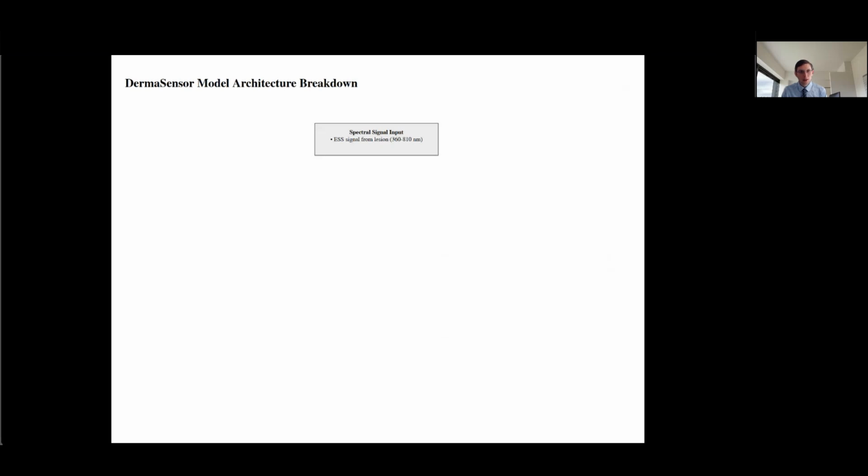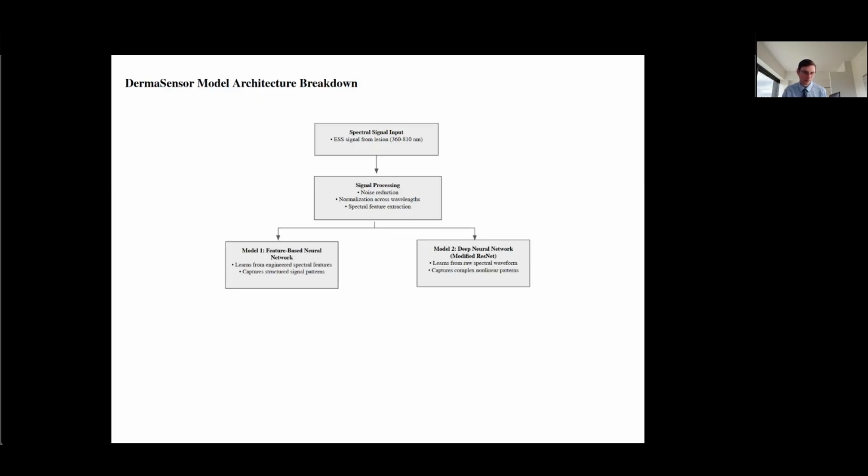So let's talk very briefly about the model architecture and how they actually designed it and how they use it. So like I said before, really the input is this spectral signal input, the ESS signal. And the first step is noise reduction and normalization across the wavelengths. It's really just signal processing to prepare it to be inserted into the specific models.